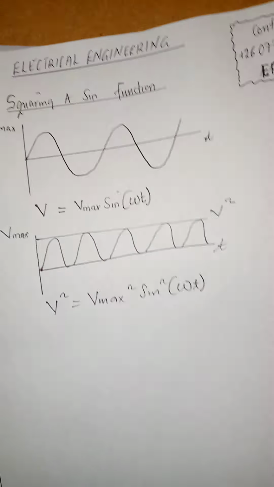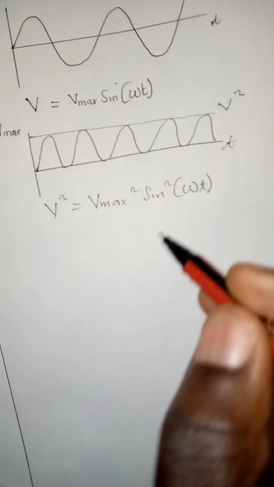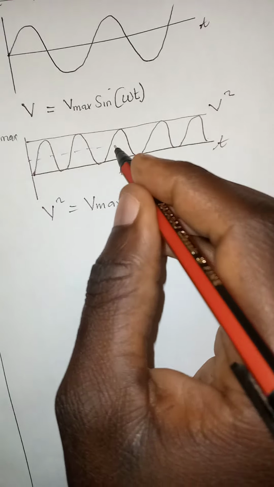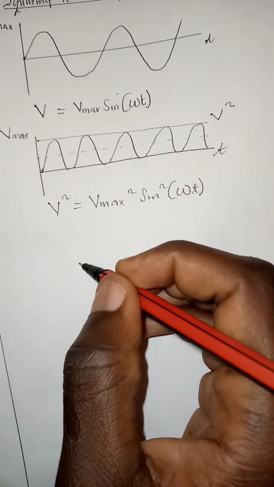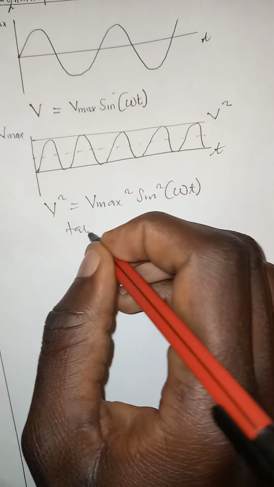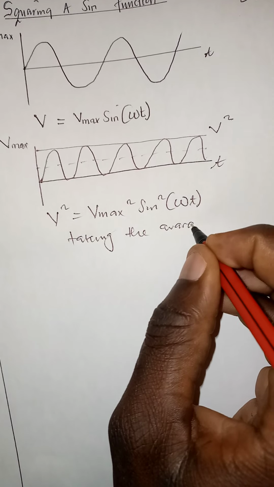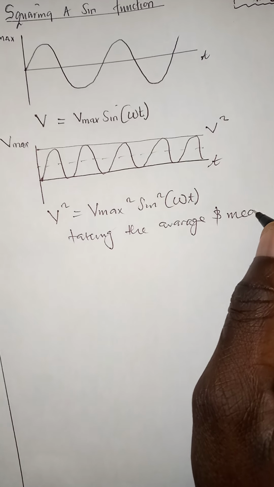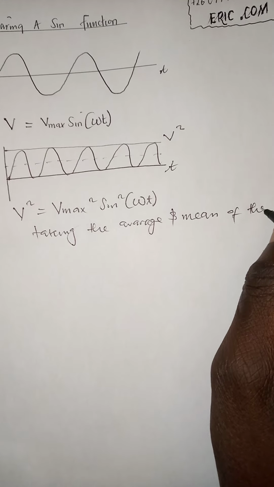Okay. So let's see what we'll get if we take the average and the mean of this function graph. So let's see what we'll get. We are taking now the average and mean of v squared.